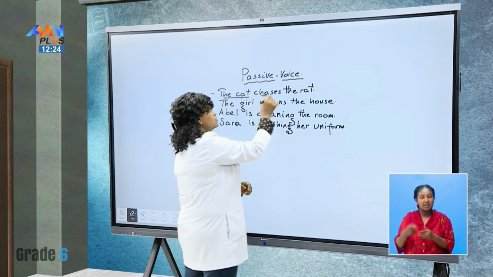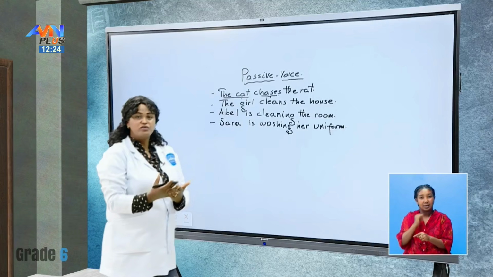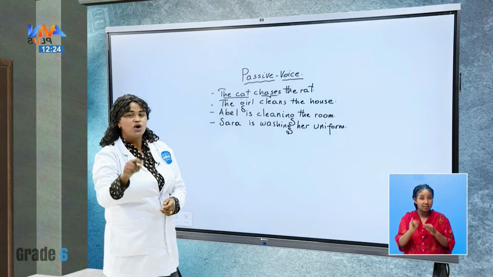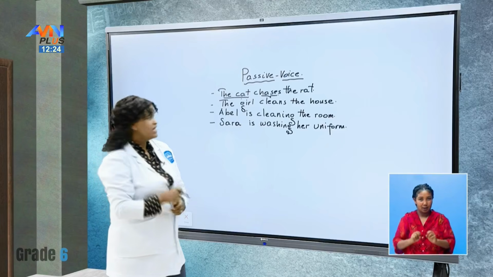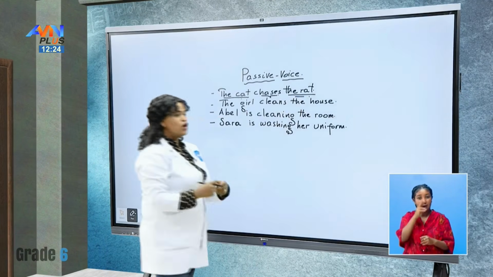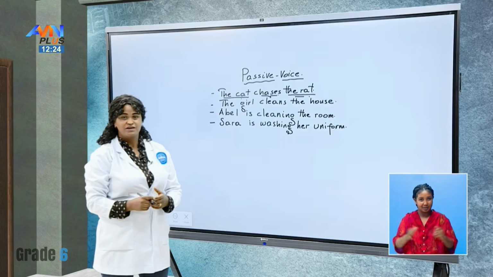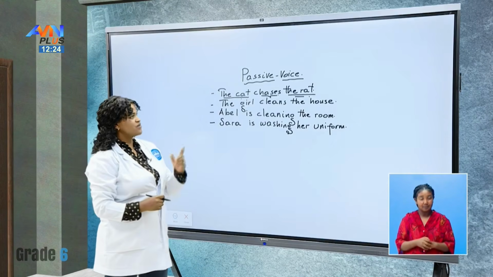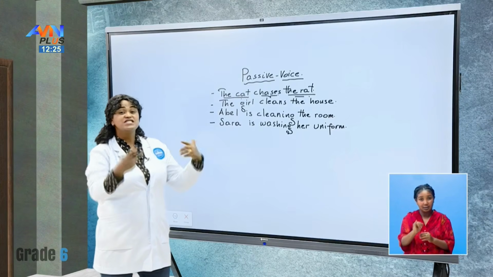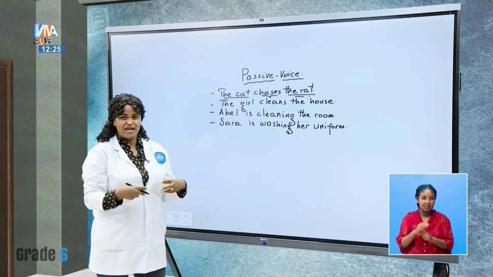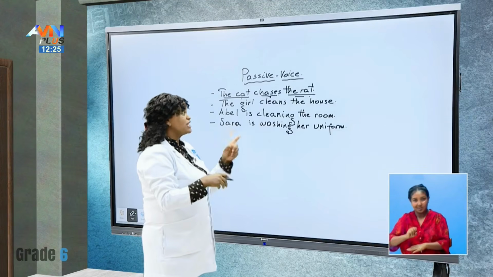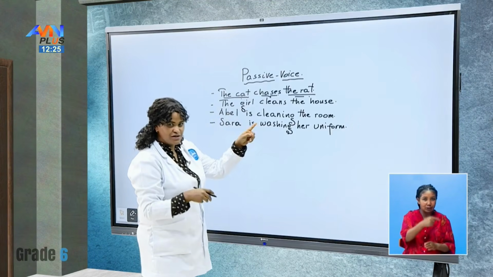This action, chase, is performed by the cat, which means the cat is the doer of the action. Then the rat is an object of the sentence. That means the rat is the receiver of the action. The action happened over the rat. It's not the rat who chases. It is the cat. Okay?